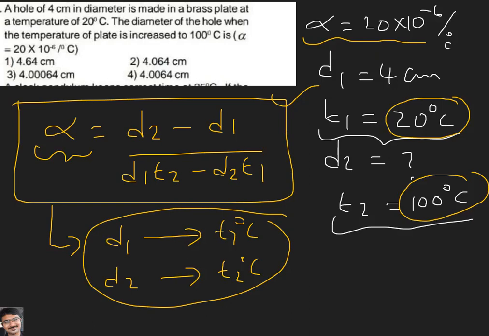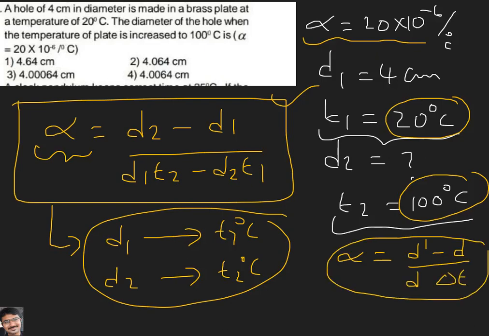If they didn't mention it like that, and simply gave the temperature difference, then you have to write alpha is equal to (D dash minus D) by D into delta T. This formula is for when they simply mention the temperature difference. Here they didn't mention a temperature difference.